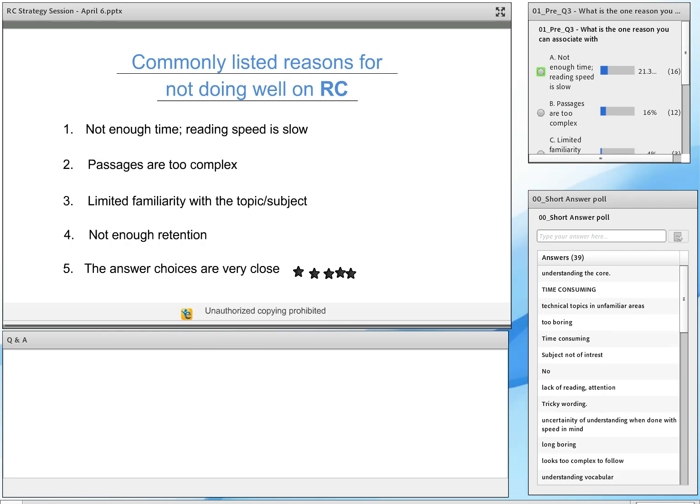That is something which I see across the board. Then 21% of the class has selected not enough time. And then the little bit of trailing thing is not enough retention and passages are too complex. Okay, so answer choices are very close is something which a number of you associate with.